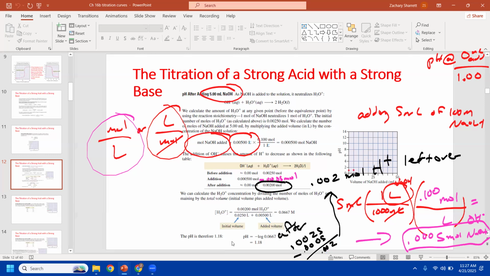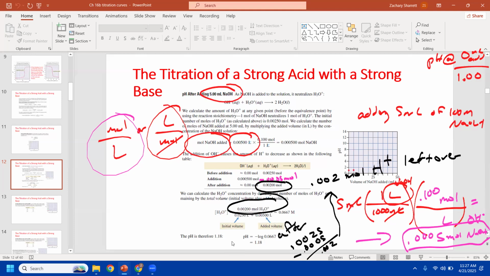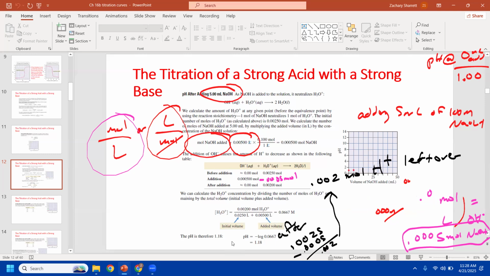Everyone comfortable with that? So now, in the buffer problem, we used stoichiometry and said that H plus was converted into the conjugate acid, right? Since this is a strong acid and strong base, there is no conjugate base of it because it's a strong acid. So the Cl minus will not grab the H pluses or anything like that. So now we have 0.002 moles of H plus left over. If we want to find the molarity of the solution, let me erase some of this.